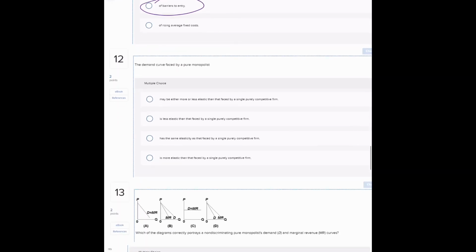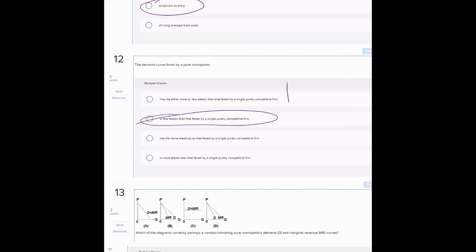The demand curve faced by a pure monopolist is less elastic than the one of a single purely competitive firm. So let's see, is less elastic than that faced. Okay, gotta read that right.